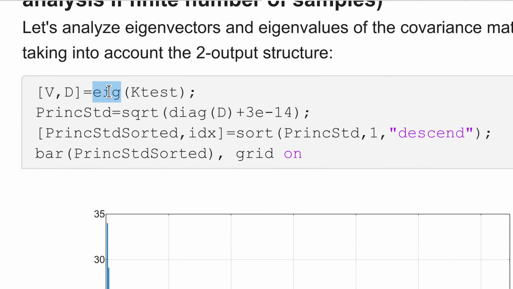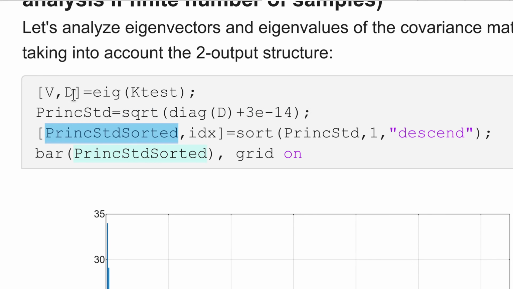If I compute eigenvalues and eigenvectors, in D we have the eigenvalues, and as they have units of variance, its square root has units of standard deviation. I add this thing just for numerical issues to avoid negative eigenvalues due to tolerance stuff.